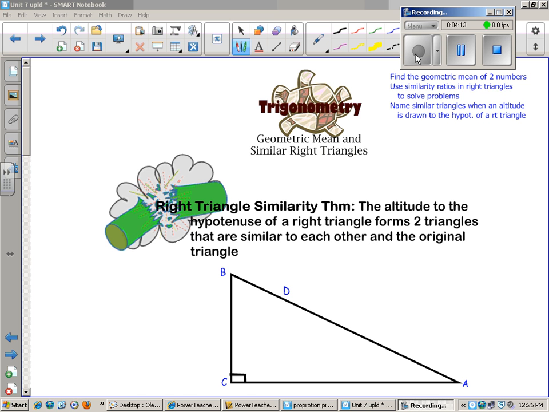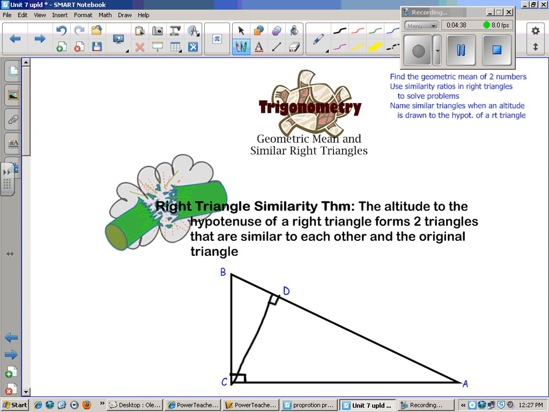The right triangle similarity theorem says that if you draw an altitude to the hypotenuse of a right triangle, remember an altitude is the line from a vertex perpendicular to the side, another word for height, then you create three similar right triangles.